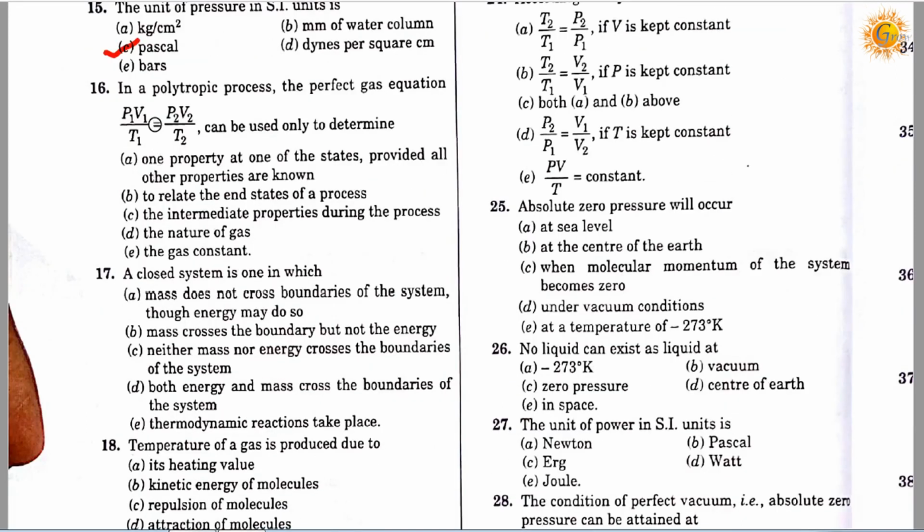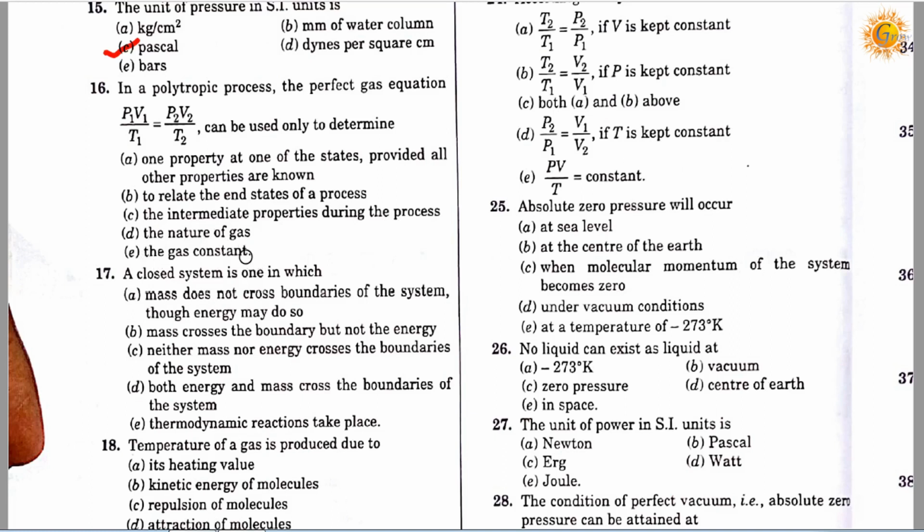Question number 16. In a polytropic process, the perfect gas equation P1V1/T1 = P2V2/T2 can be used only to determine: option A, one property at one of the states provided all other properties are known; option B, to relate the end states of a process; option C, the intermediate properties during the processes; option D, the nature of gas; option E, the gas constant.